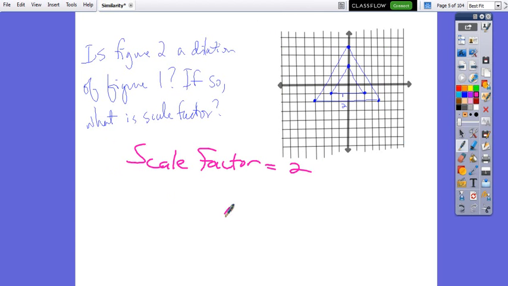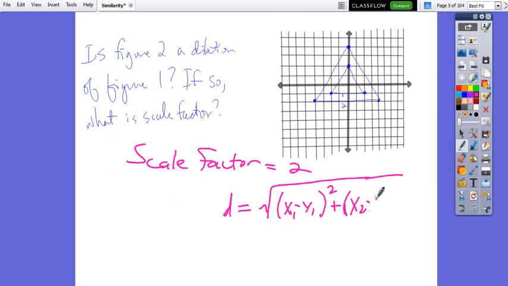The distance d equals the square root of (x2 minus x1) squared plus (y2 minus y1) squared. And you can plug all that in the calculator, it's no big deal. But that's the distance formula.